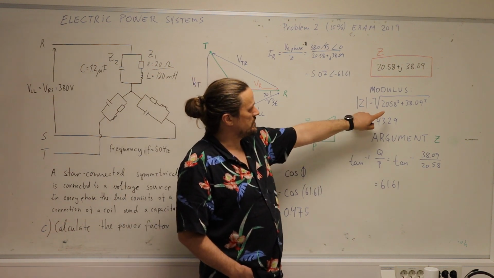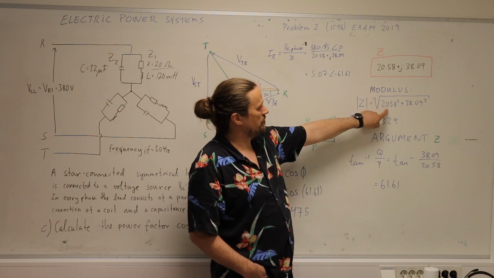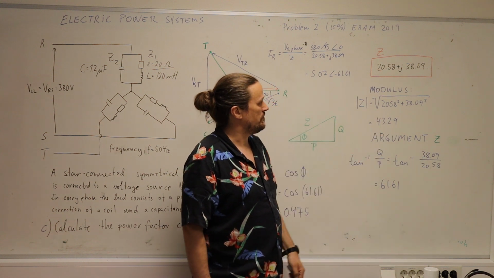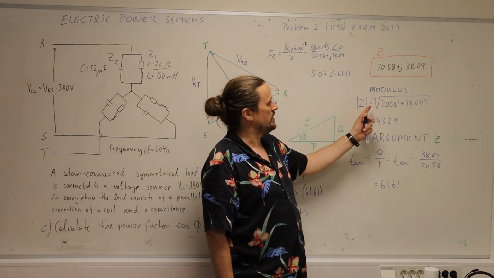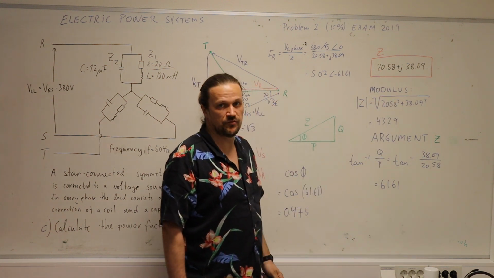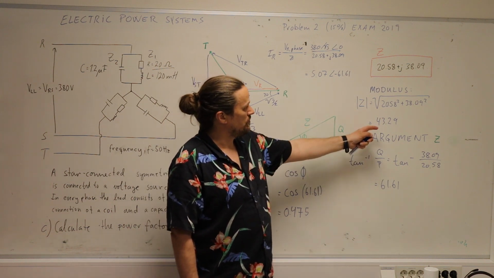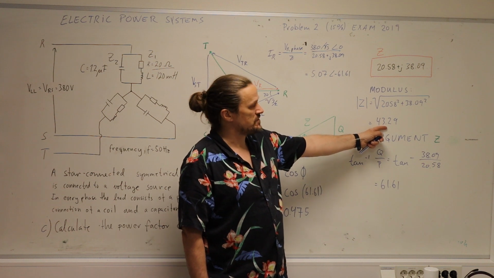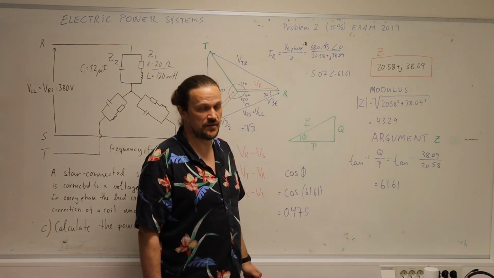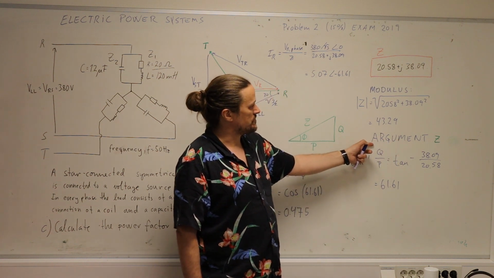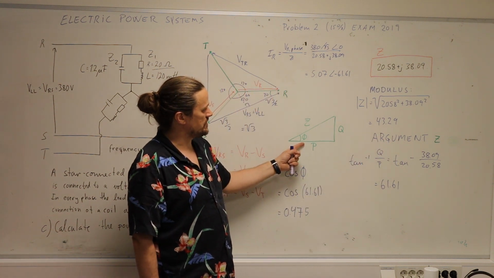So here we take the square of the resistive element and the square of the reactance, and we take the square root of the sum of those two values, and we will get this quantity, which in this instance is 43.29.